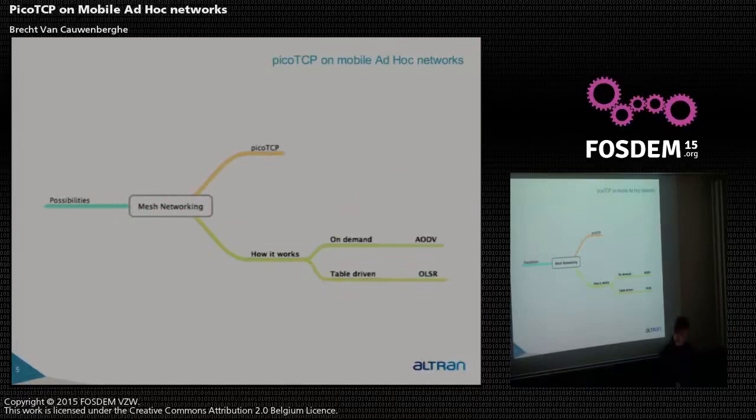So how does it work? There are basically two different ways you can implement a mesh network, and that's one on-demand or secondly table-driven.